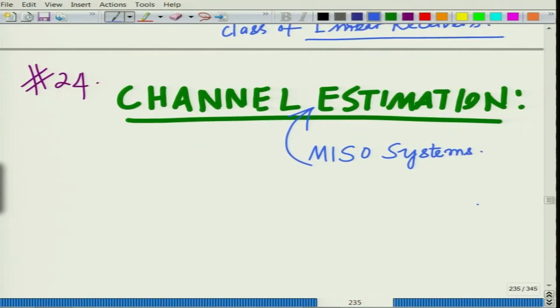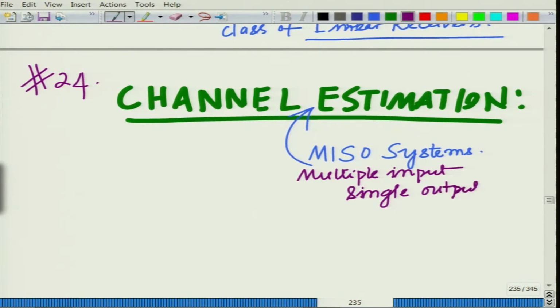Some of you might have already guessed, MISO stands for multiple input, single output. Just like you have MIMO, you have MISO, multiple input single output.